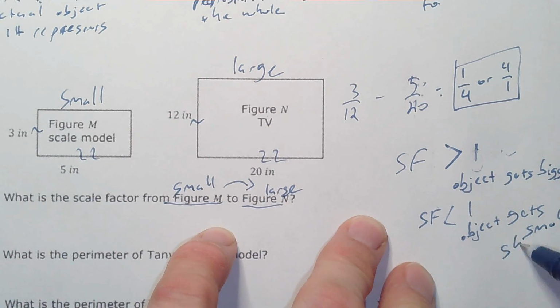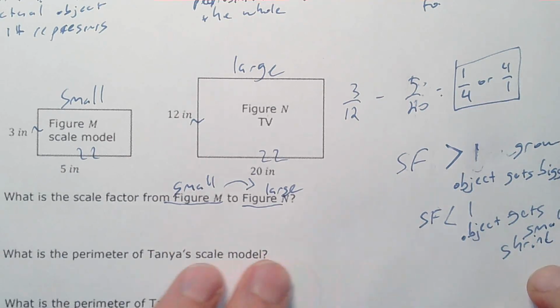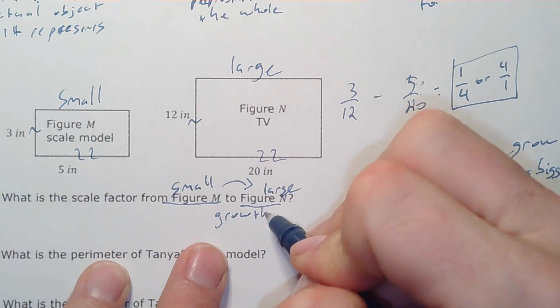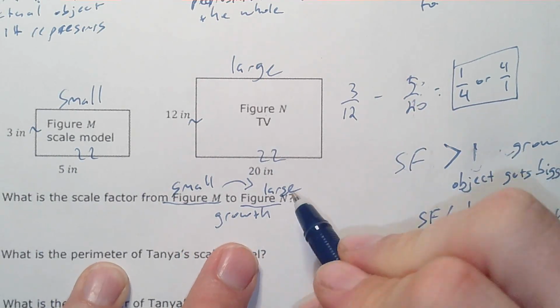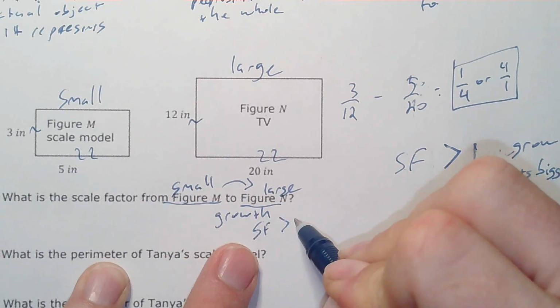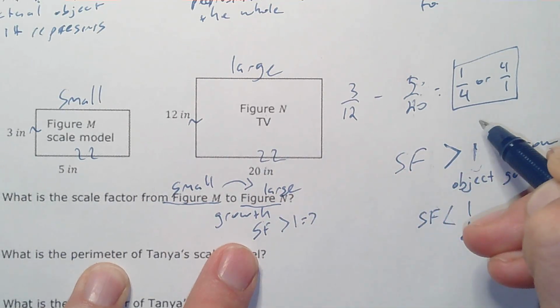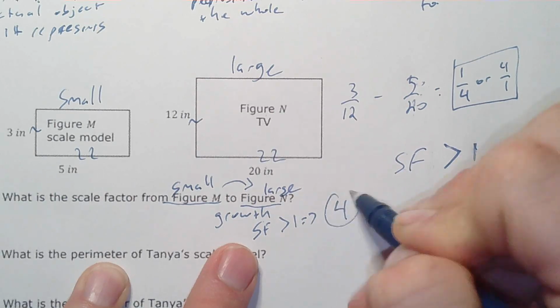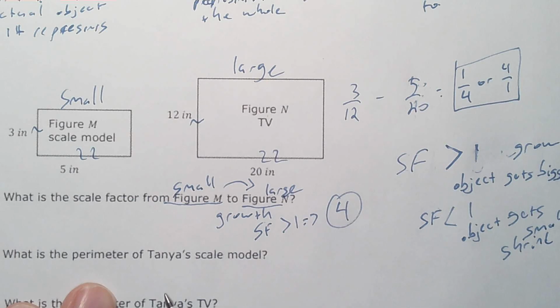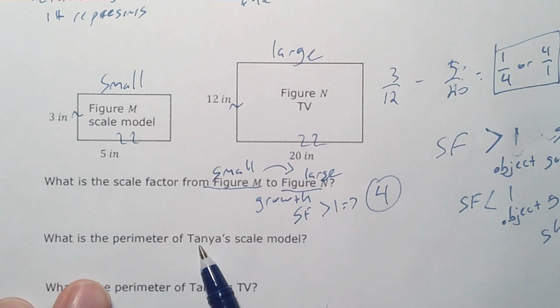This is a shrink. This is a grow. So this is going from small to large. This is a growth. So I have to use the scale factor that is greater than 1. Therefore, I'm going to be using my 4 scale factor. Okay? So what's the perimeter of the scale model?